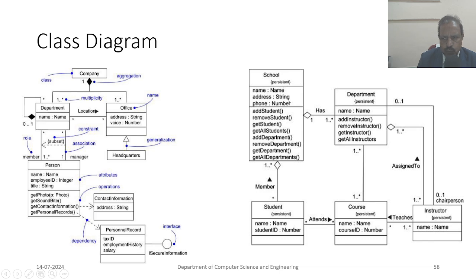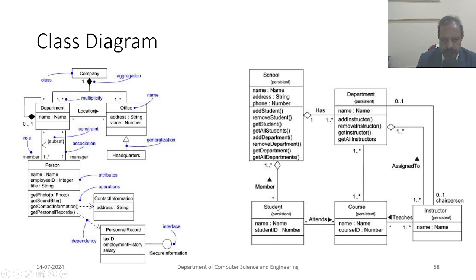This school has at least one department, or it can have many. So one to many, that is the cardinality. This is the aggregation we are using here. So a school can have one or more departments. I am giving Department here, with the name, the data type, and the operations.